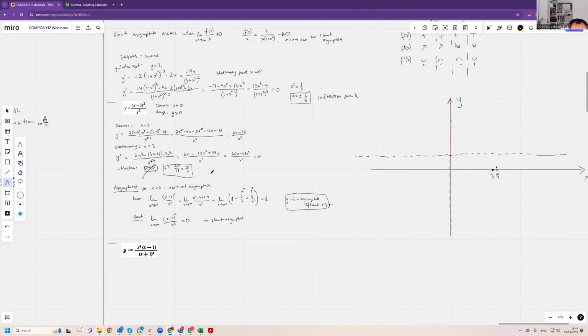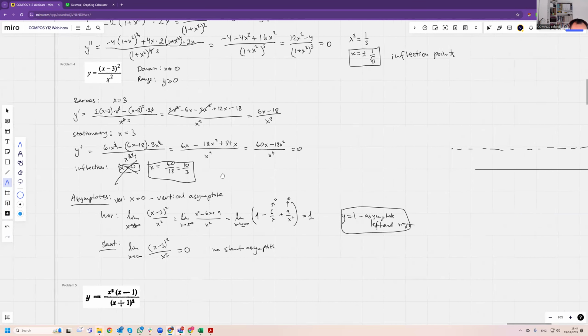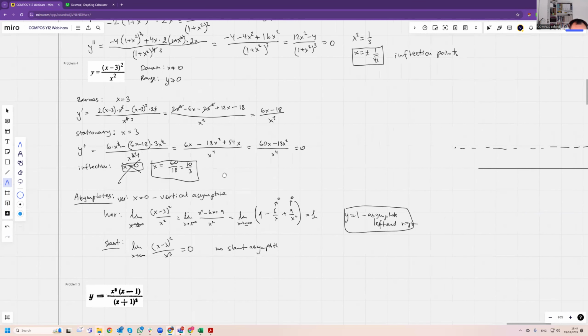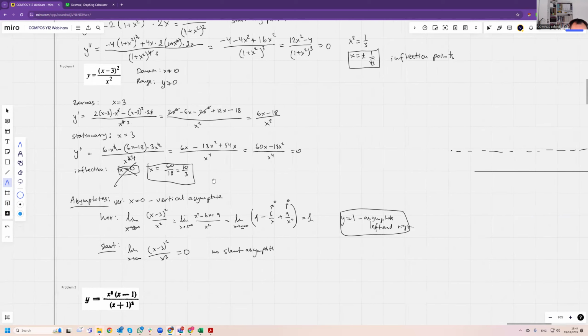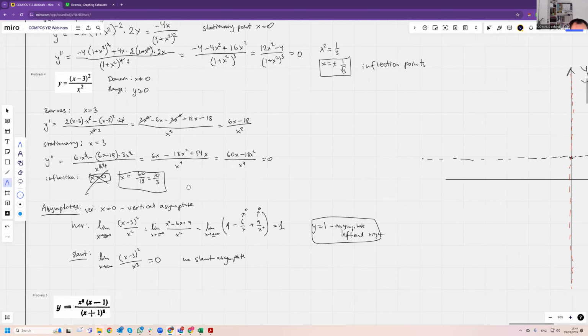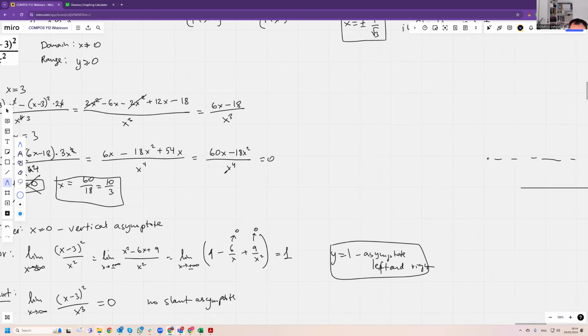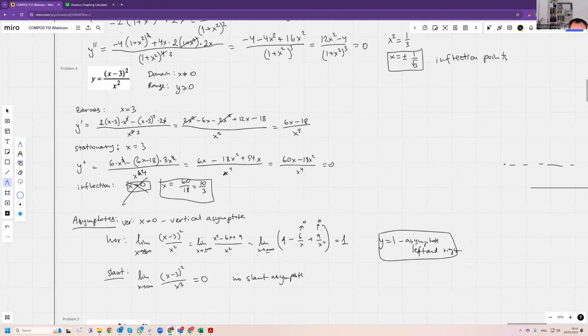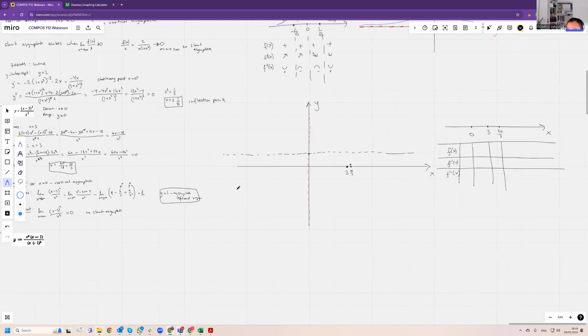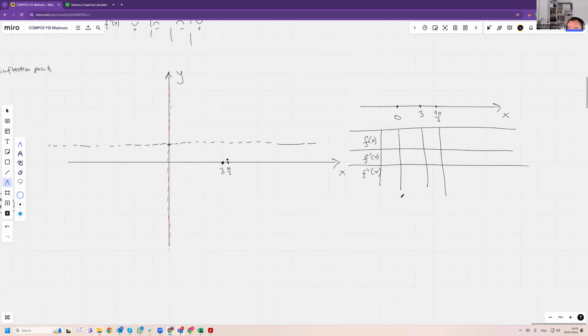That's why I got... I did, but still, there's no excuse. I should have seen that there's an x in the denominator. There's no excuse for saying that x equals 0 is a point of inflection. It can't be a point of inflection because the function doesn't exist and the derivative doesn't exist.